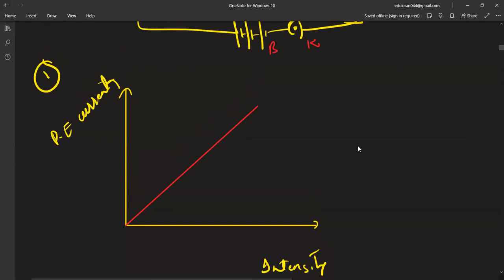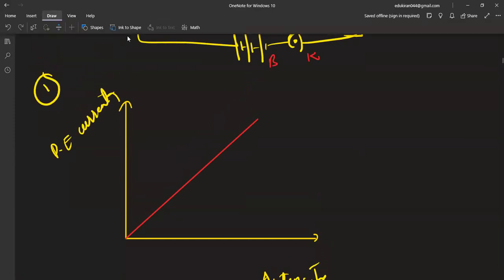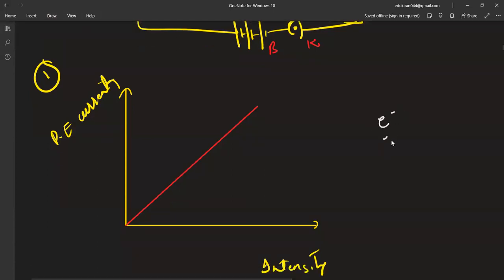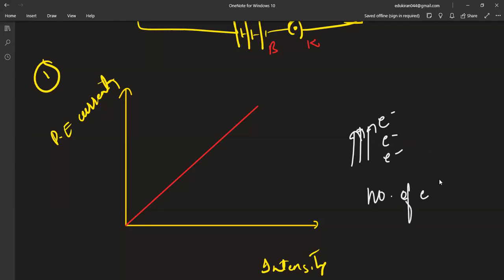If the number of photoelectrons is increased, that means you are increasing the intensity. So basically, the number of electrons increases when you increase the intensity. If the number of electrons increases, the photoelectric effect will increase, because more electrons will come, and that will lead to a greater amount of current.